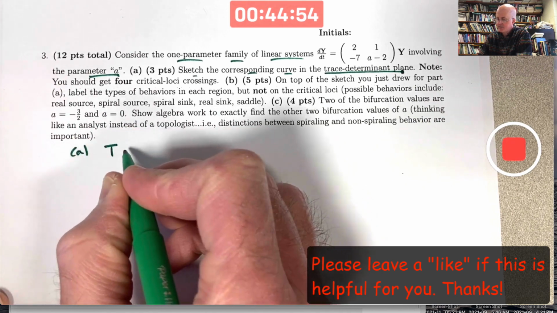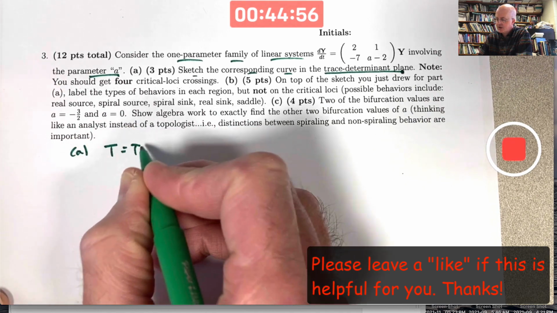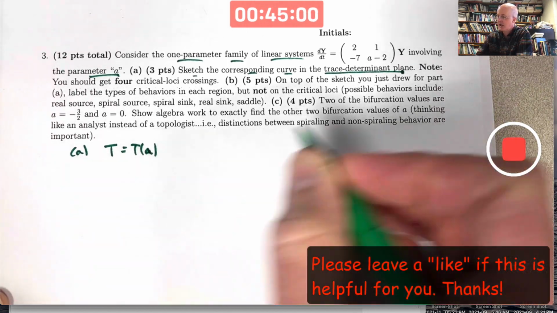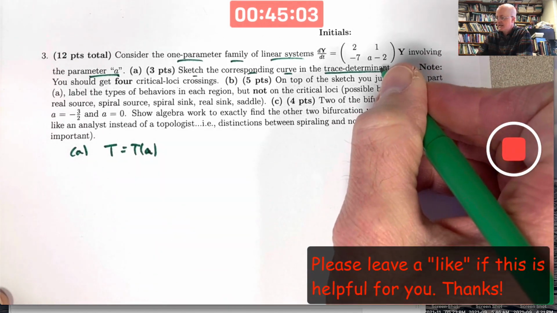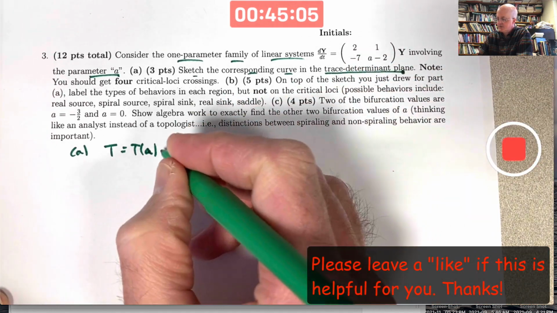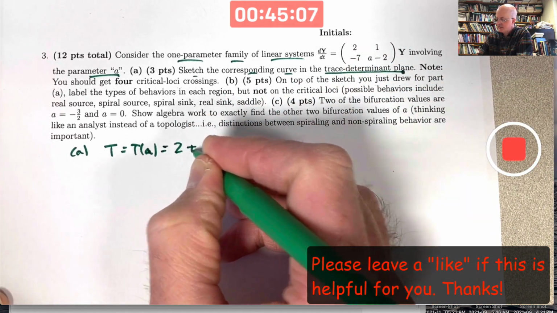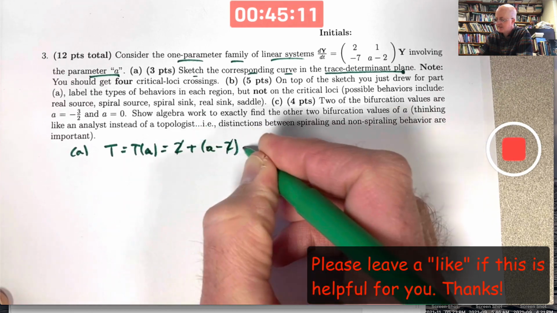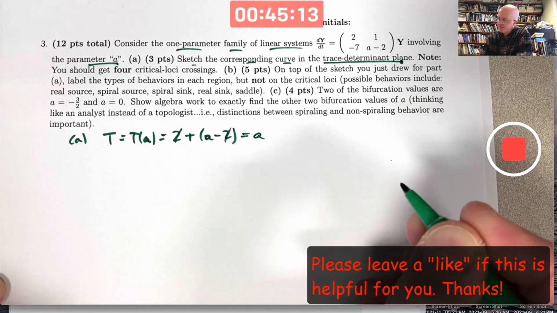The trace is a function of the parameter. I'll write T equals T of a, even though that's abuse of notation. Add up the numbers on the main diagonal: 2 plus a minus 2. The 2's cancel. That simplifies to a. How nice.